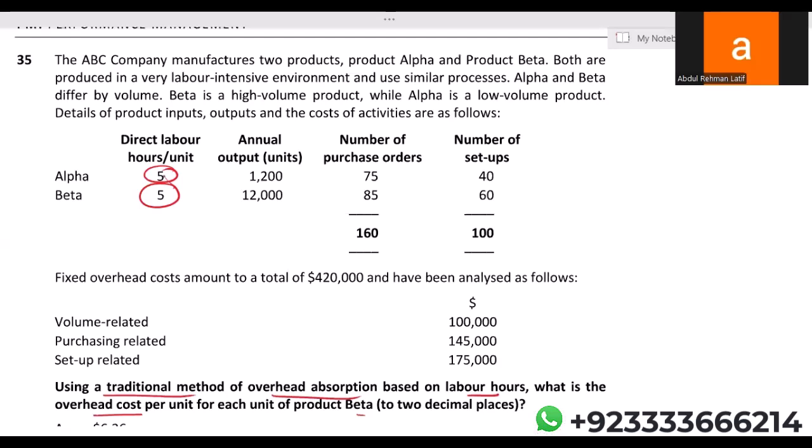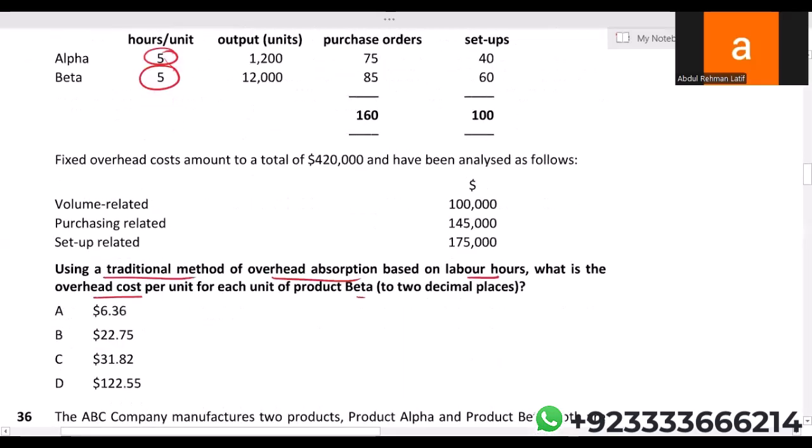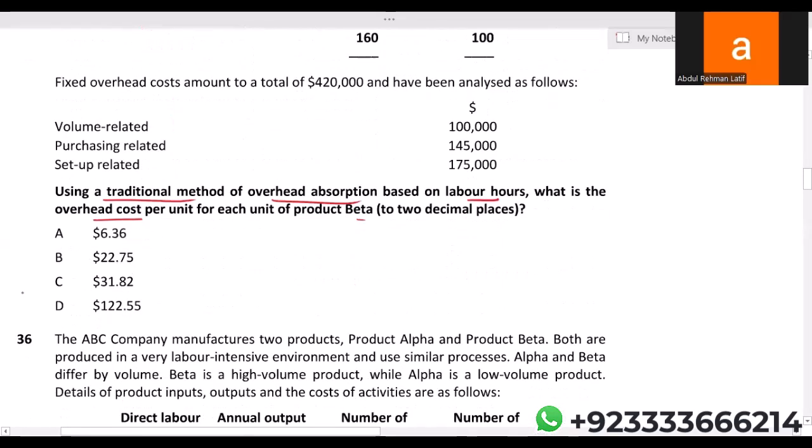So the per unit overhead for alpha and for beta is exactly the same because both require the same number of labor hours per unit.